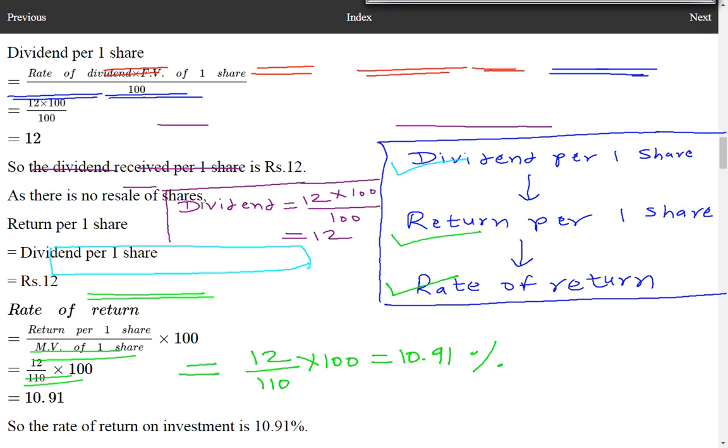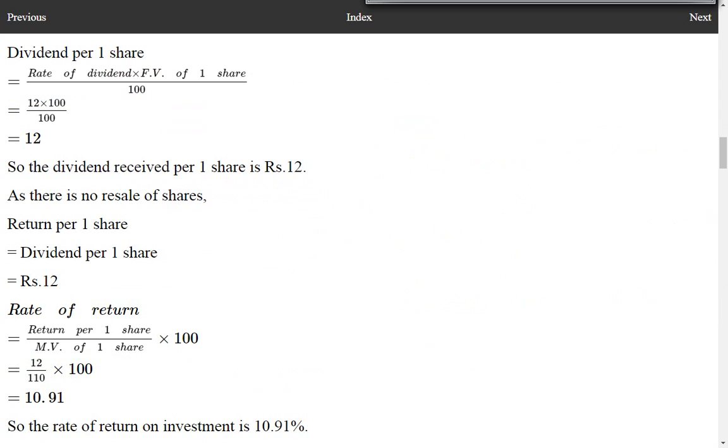Recall the outline. First we found dividend per one share, then we found return per one share, and finally we found rate of return.